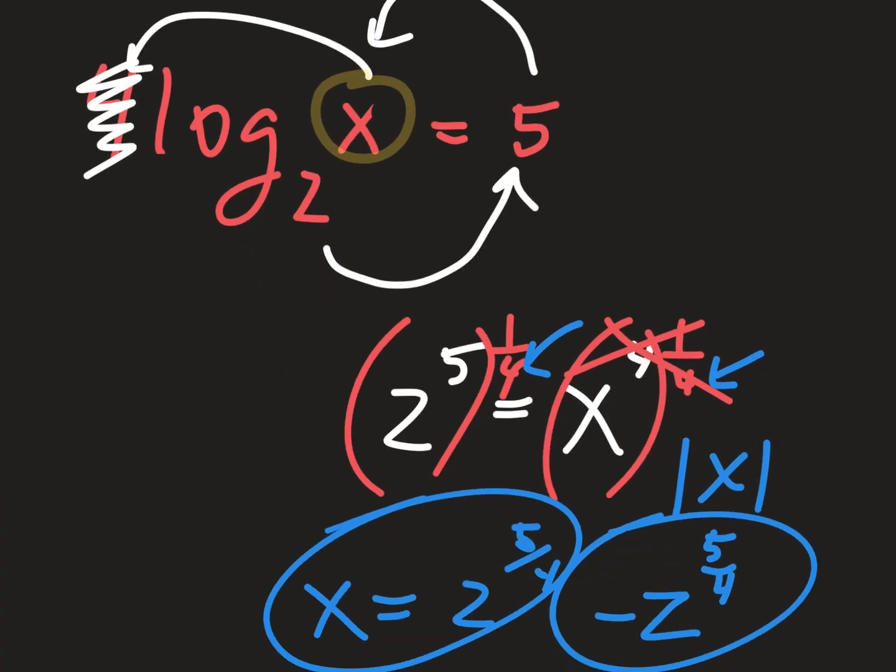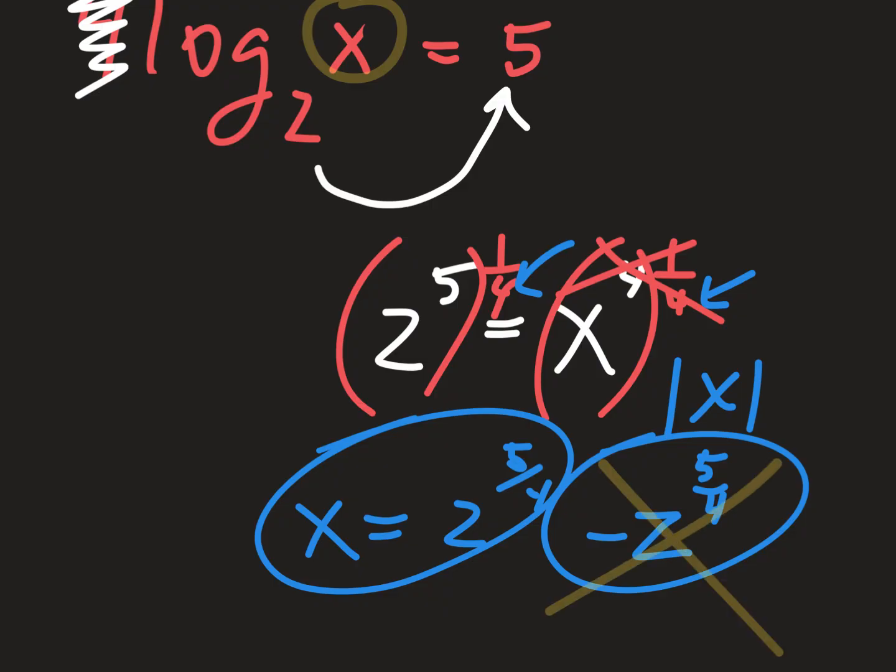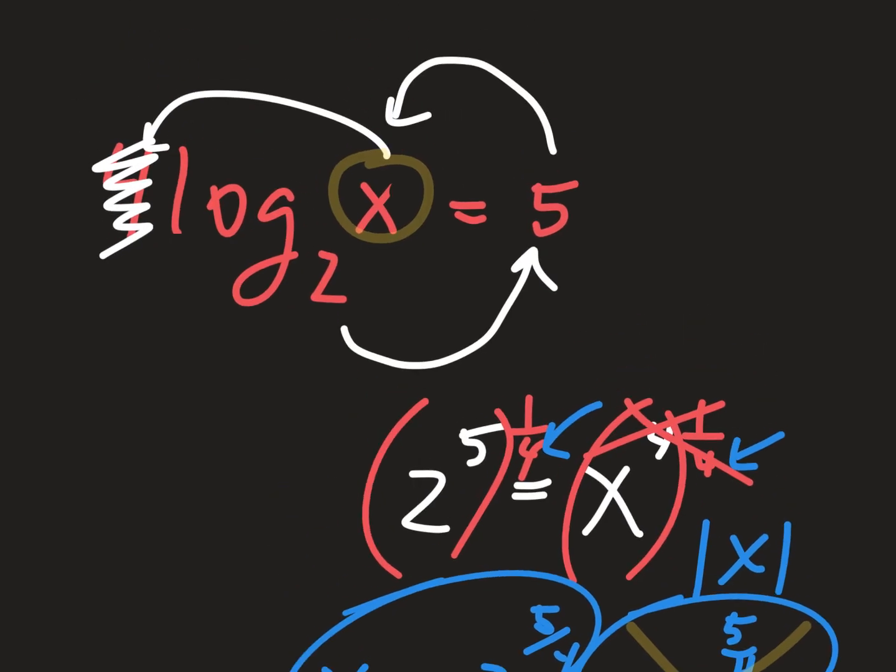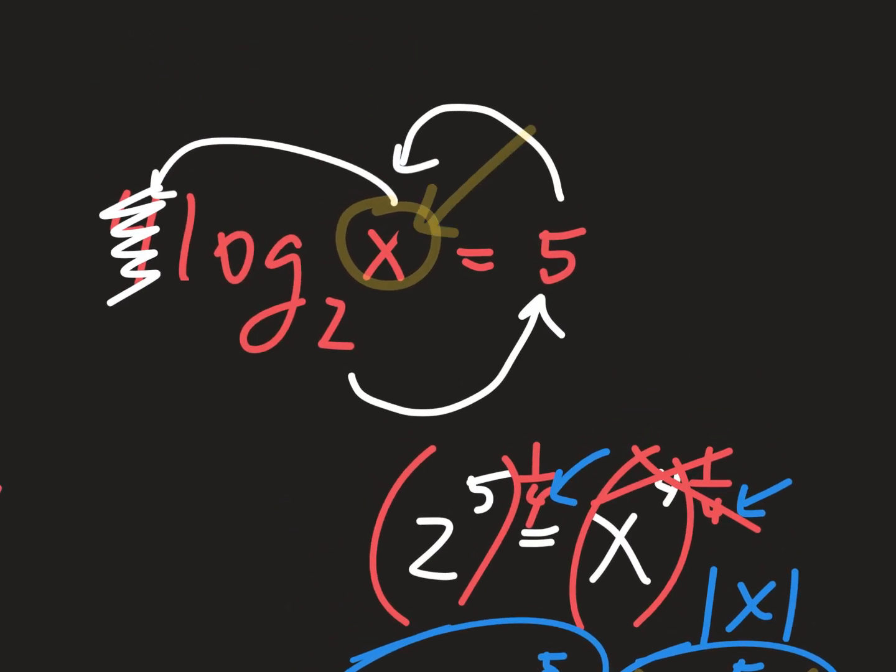So watch out for that. This one, even though it's a right answer, it's an extraneous answer, meaning you did everything right. You should have got negative 2 to the 5/4, but it doesn't actually work when you put it in because you can't have a negative there.